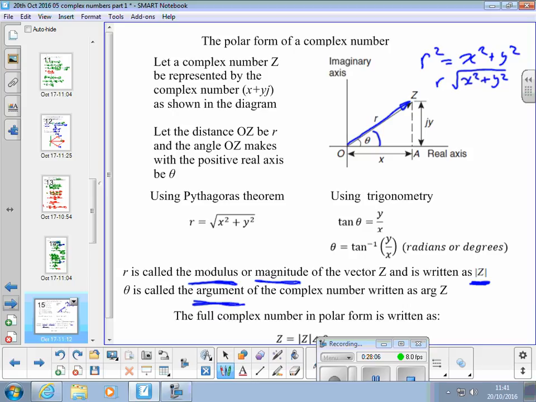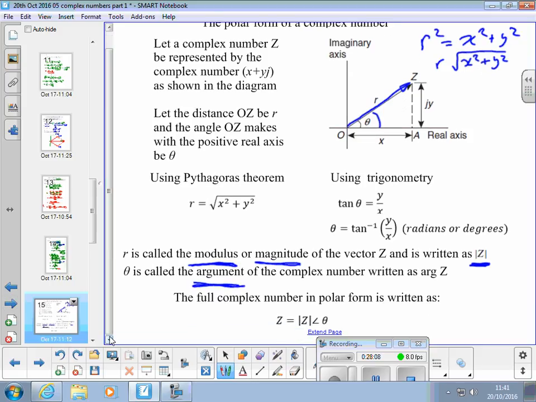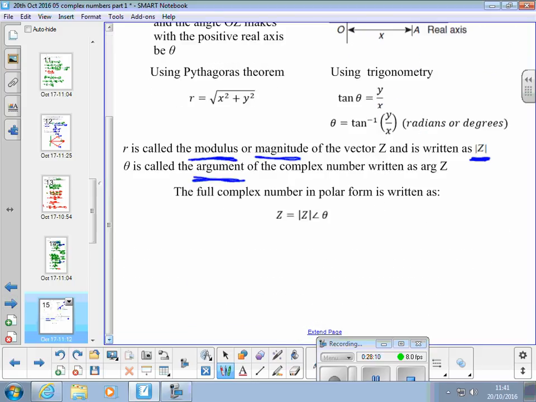So a full complex number in polar form is written like that. The complex number z is the magnitude of that vector at an angle of theta degrees or theta radians.